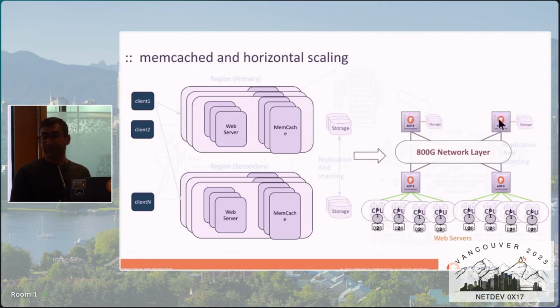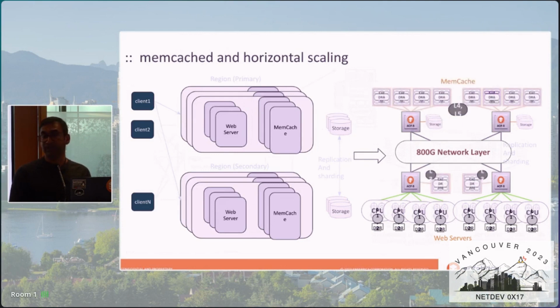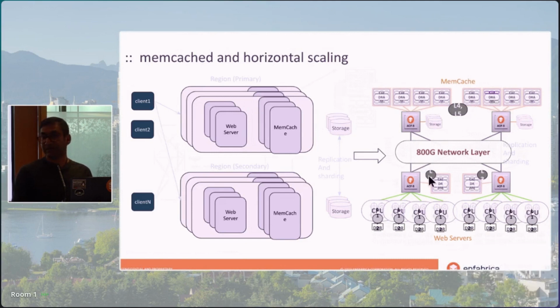I can still replicate and do what I need to do, but I can now present memory hierarchically such that the cache access that's coming from the front end is always serviced, because I can get the right pages into the right CPU's accessible memory on a backend network.